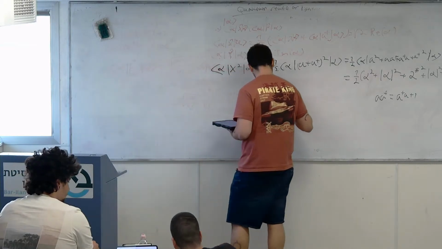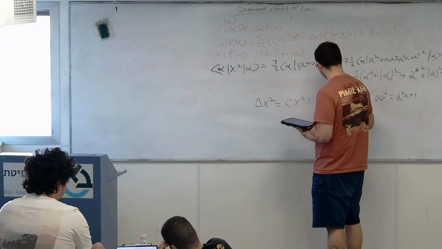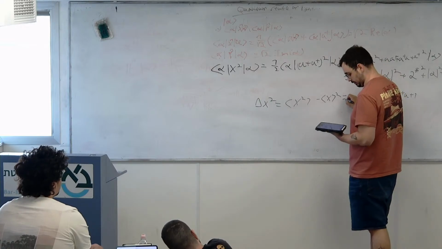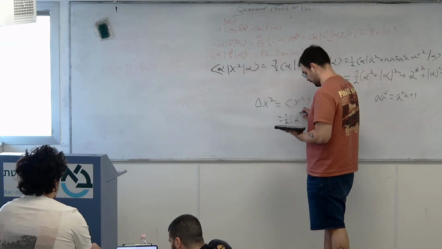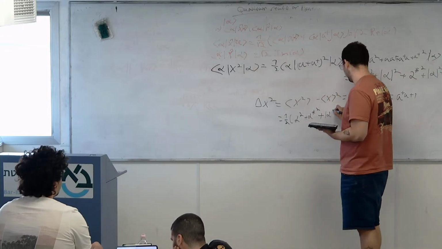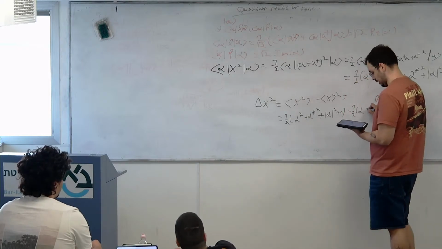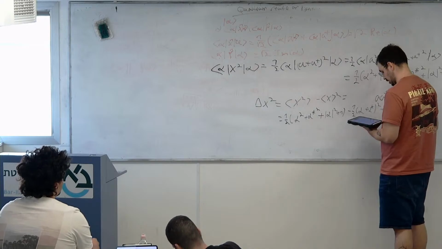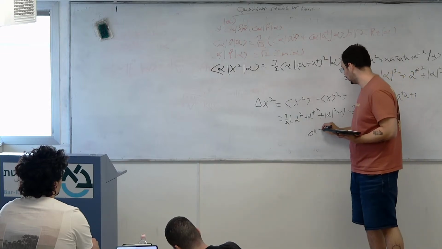And overall, delta x squared would be this minus what we did here. So we have 1/2 (alpha squared plus alpha conjugate squared plus 2 absolute value alpha squared plus 1) minus 1/2 (alpha plus alpha conjugate) squared, which comes out to 1/2.